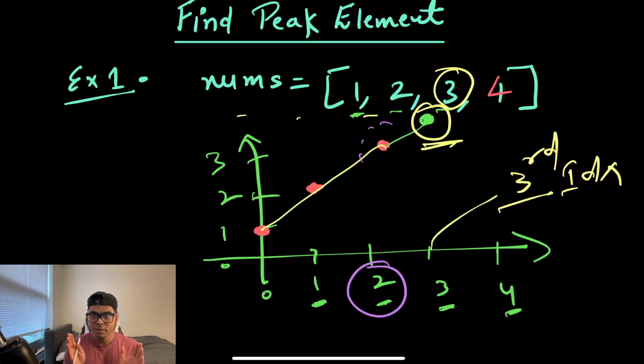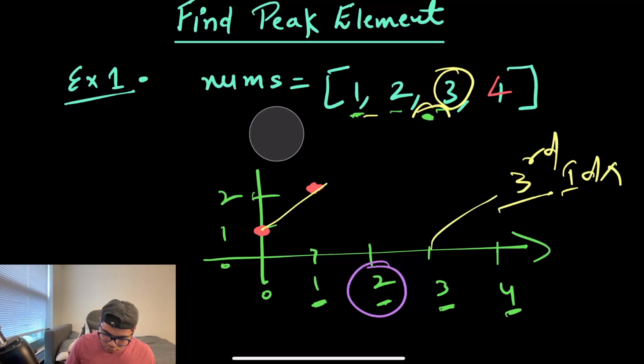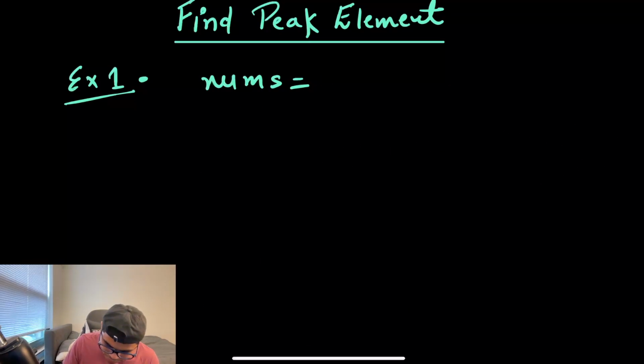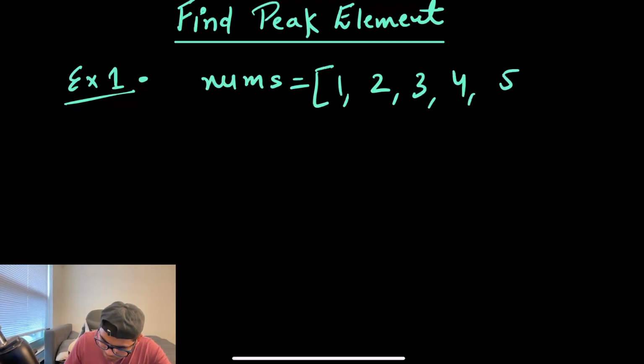Why do I guarantee? Let's find out why that will give you a solution. The reason I say that is, let's say we had a monotonic array, 1, 2, 3, 4 and 5.